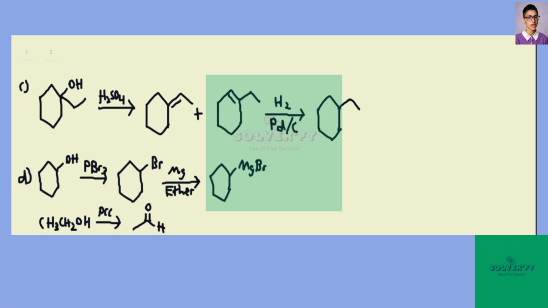Okay, and so now I can treat the acetaldehyde with this Grignard that we made. So the Grignard of cyclohexane, and follow that with a water workup, as we always do for a Grignard. And so that is going to get us to this point.